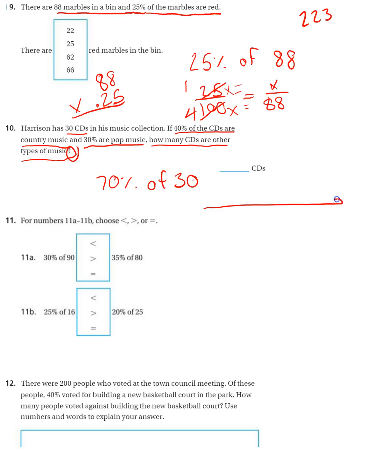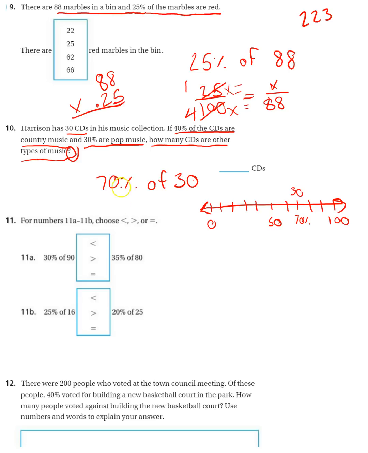This one would be a good one to have a double number line, where you have 0%, 100%, 50% in the middle, 10, 20, 30, 40, 60, 70, 80, 90, and 70% would be right here, and 70% represents 30. Okay, might be a good way to solve it.